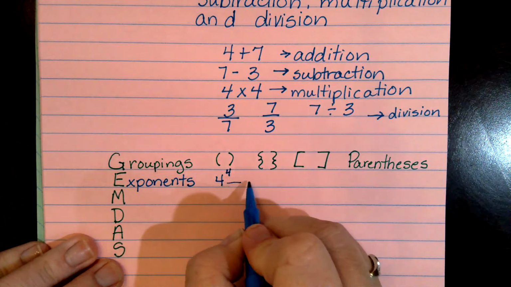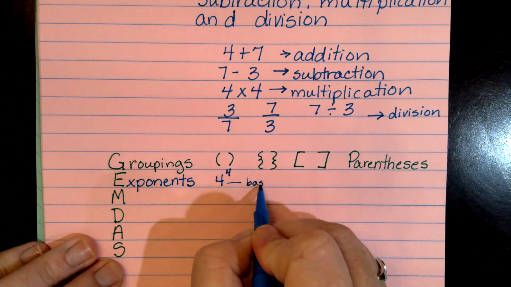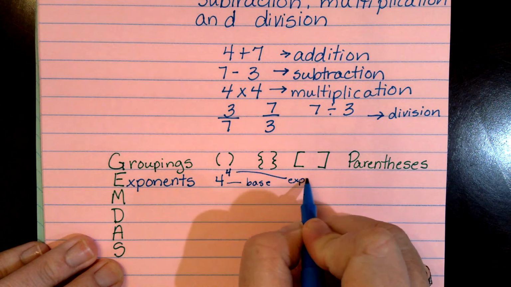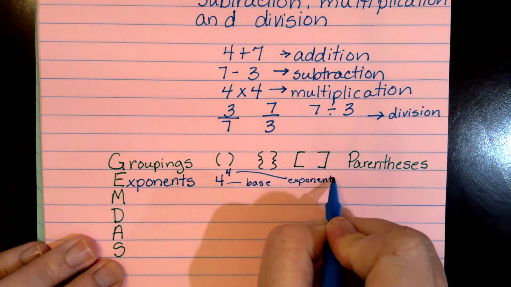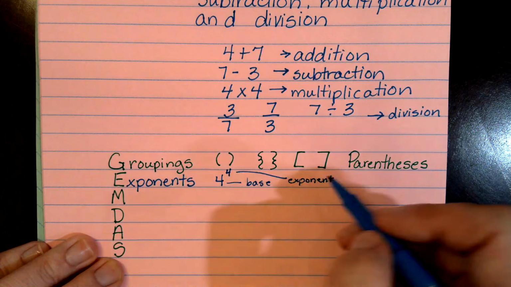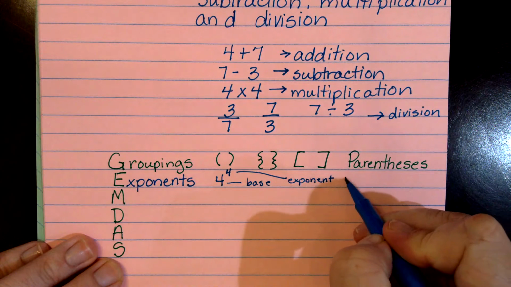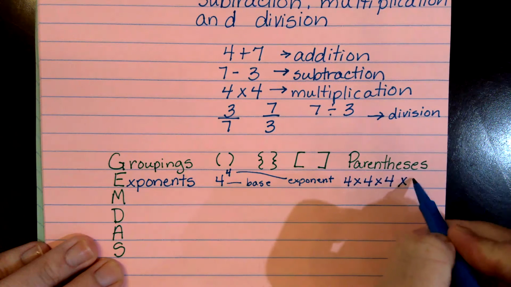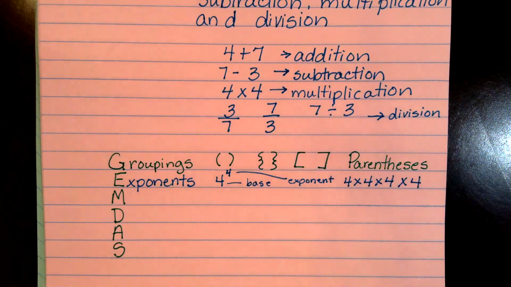Remember that the larger number is our base, and this smaller number is our exponent. We dealt with that in scientific notation. The exponent tells us how many times we would multiply 4, and so this would actually be 4 times 4 times 4 times 4. Again, we're not going to deal with a whole lot of exponents right off the bat, so don't stress about that.